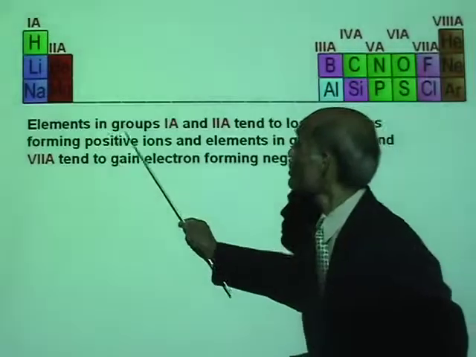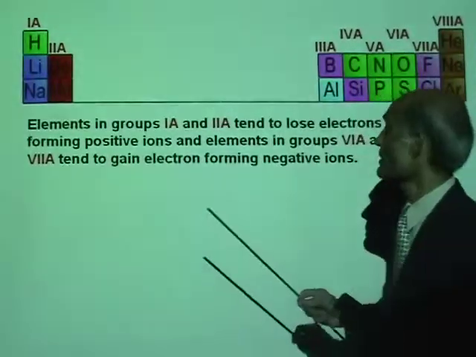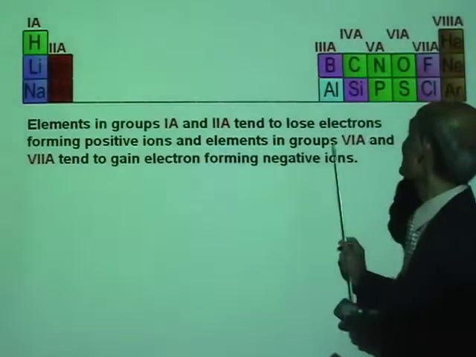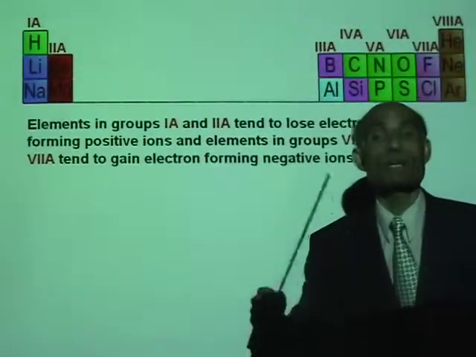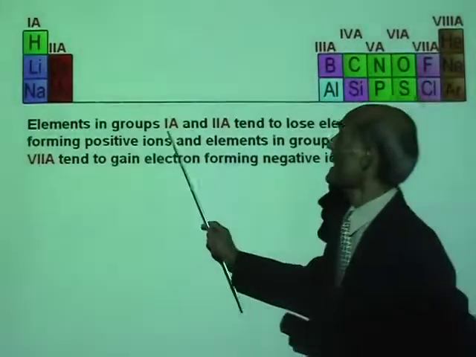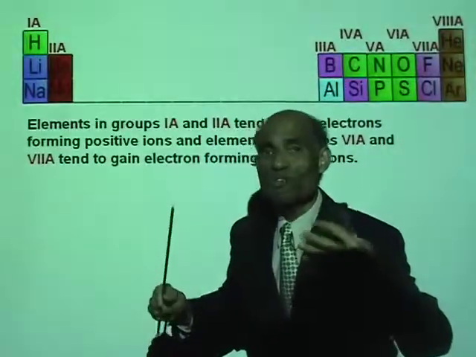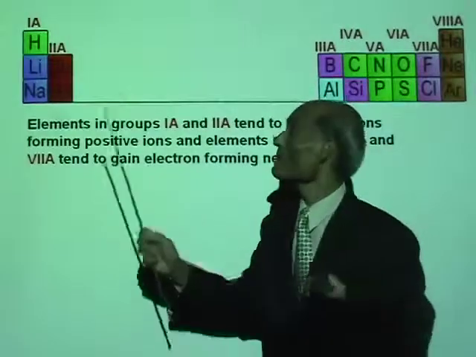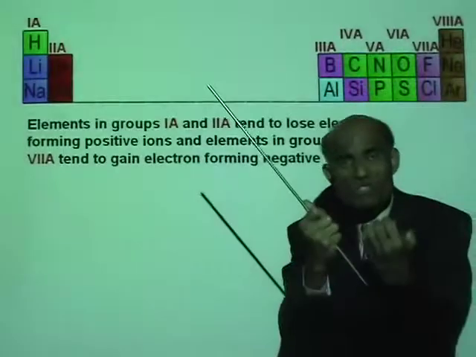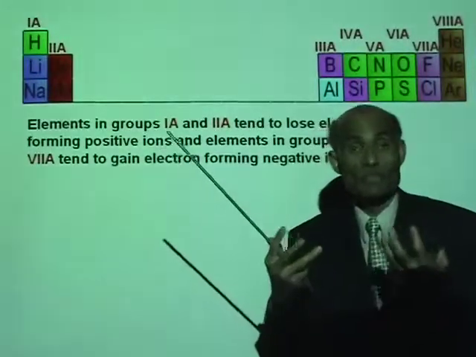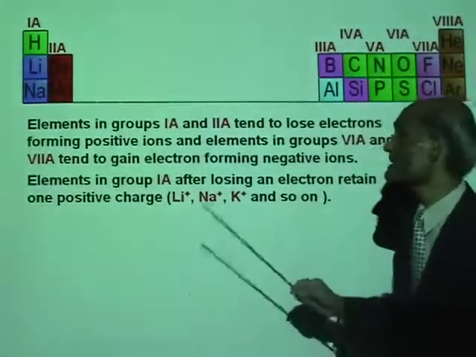Okay, elements in group 1A and 2A tend to lose electrons, and elements in group 6A and 7A tend to gain electrons, forming negative ions. So elements in groups 1A and 2A tend to lose electrons to become positive ions, and elements in 6A and 7A tend to receive electrons to form negative ions, and they will then make arrangements among themselves.